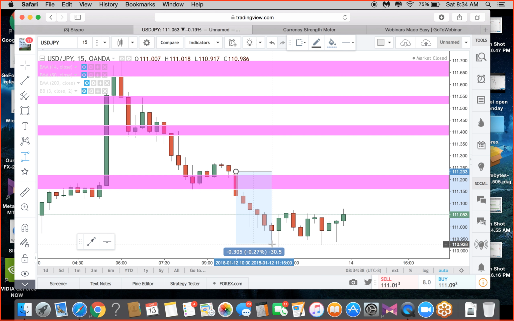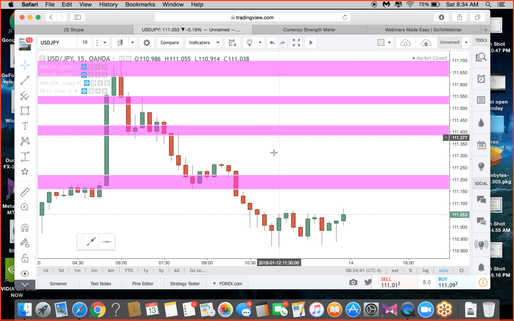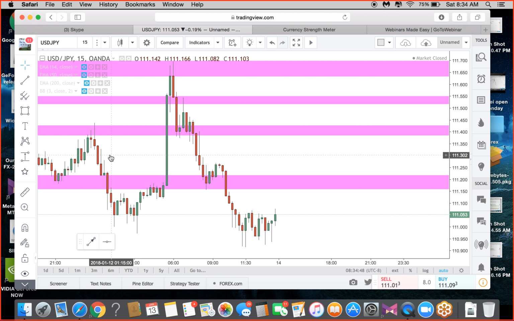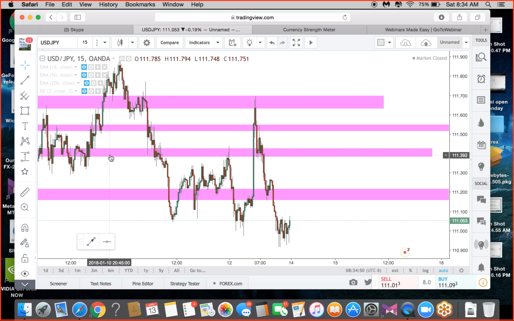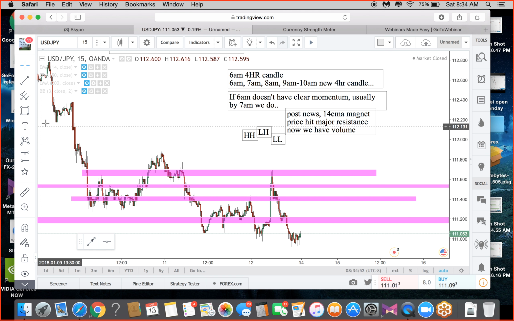So with my trading plan, the stuff that I'm looking for, let me write this down. I'm looking for the beginning of the candles.